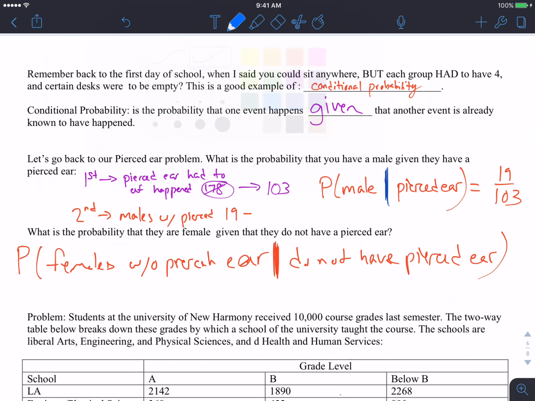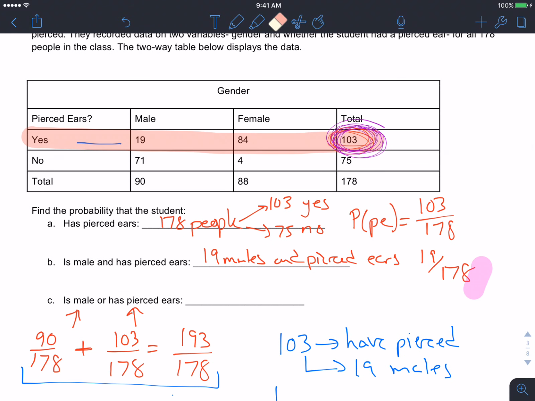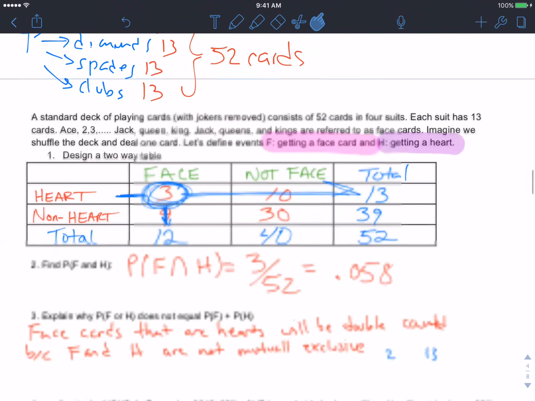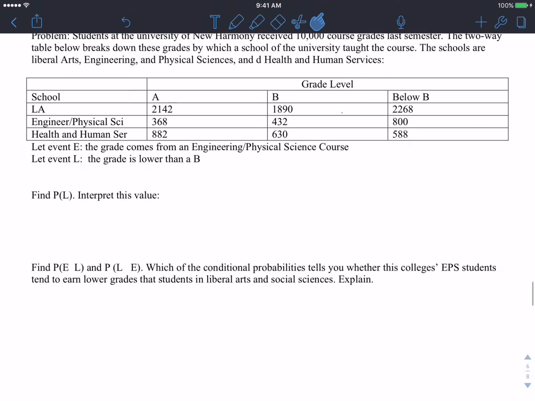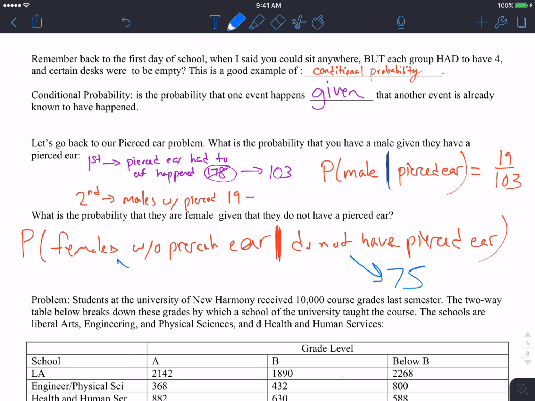Well, there is a total of 75 people who do not have pierced ears. So the first thing I'm looking at is, okay, how many people do not have pierced ears? And there's a total of 75. And how many of those are female is 4. So females without pierced ears is 4. So that probability is 4 over 75.